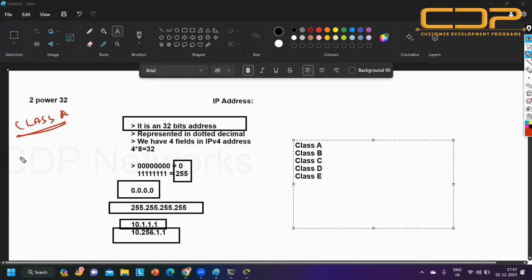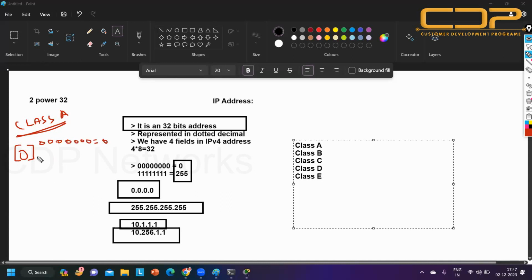Out of 8 bits, we reserve the first bit. That first bit will always be 0. Now how many bits are left in the first octet? 7. So if all 7 bits are 0, then the value will be 0.